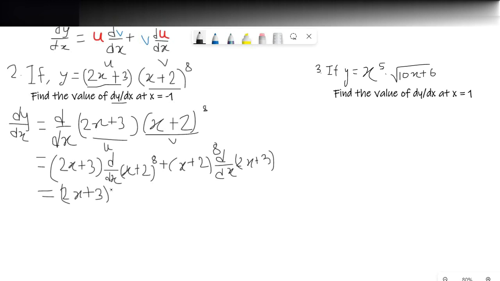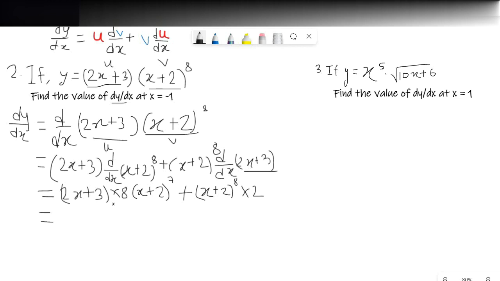So using the chain rule, you get 8 multiplied by (x plus 2) whole to the power 7, and then multiplying by the derivative of x plus 2, which is basically 1, so I'm not writing that, just like the previous examples, plus (x plus 2) whole to the power 8 multiplied with the derivative of 2x plus 3, which is basically 2.